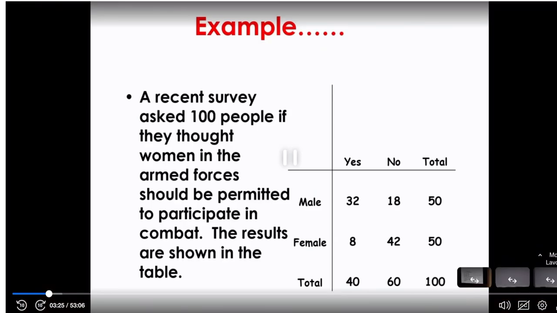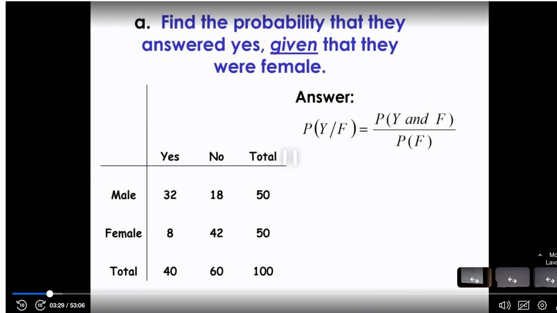Now, based on this, we want to find the probability that the answer is yes, given that they were female. Whenever you see the word given, I need you to pay attention. Whenever that word is given, the idea of a conditional probability should come in.